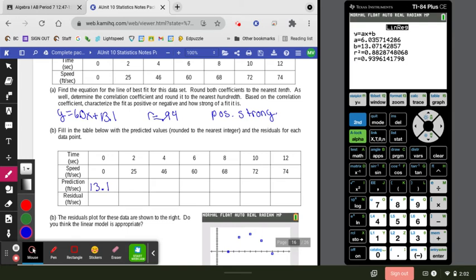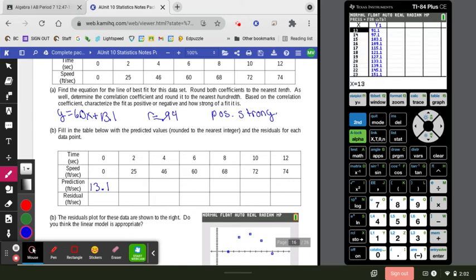I can do that for all of these manually, or I can go to y equals, and I'm going to enter my equation here. So it's 6.0x plus 13.1. Then I'm going to look at my table and remember that I need to use the x values I'm given. So at 0, it's 13.1. At 2, it's 25.1. At 4, it's 37.1.